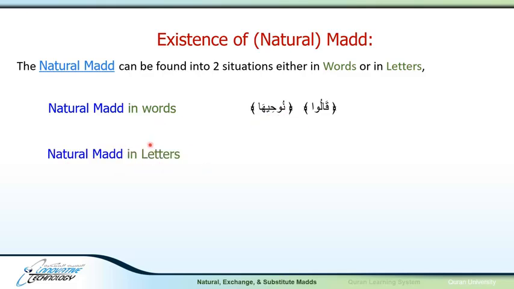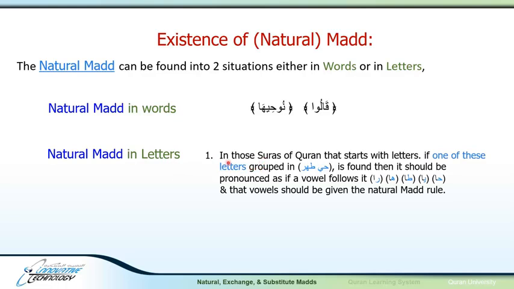Now, we can have the same natural med, instead of being in words, in letters. An example is in those surahs of the Quran that start with letters: if one of those letters grouped in hayyun tahur is found, then it should be pronounced as the vowel that follows it. For example, the ha would be ha. If we find the ya, we say ya, ta, ha, ra.